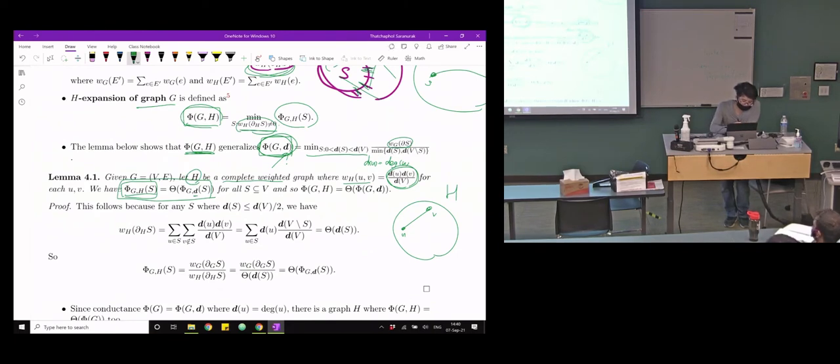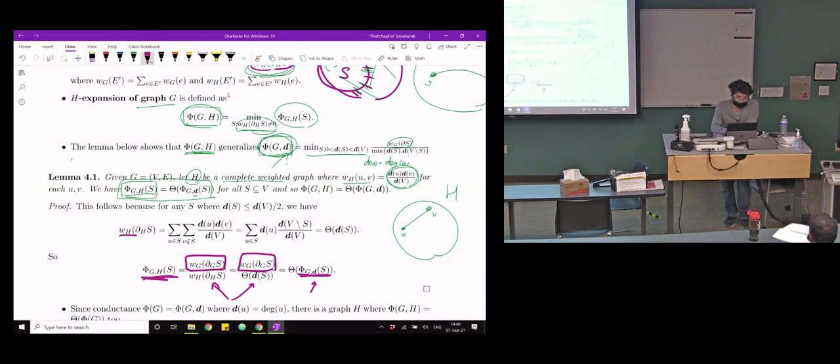So look at this goal. We want to say that H expansion is approximately the same thing as D expansion. And the thing in the numerator is the same anyway. We need to prove that the things in the denominator are within a constant factor. So let's just look at it.